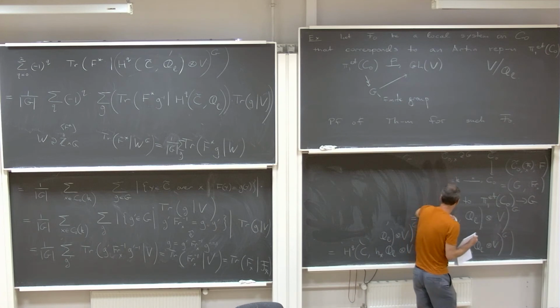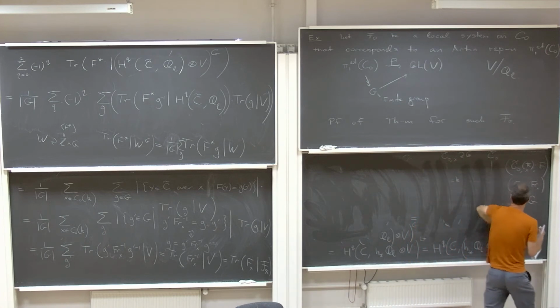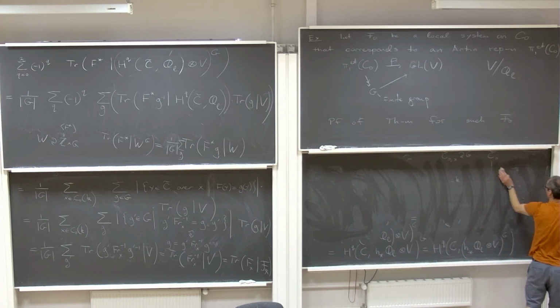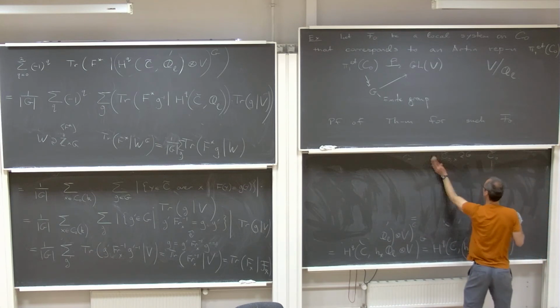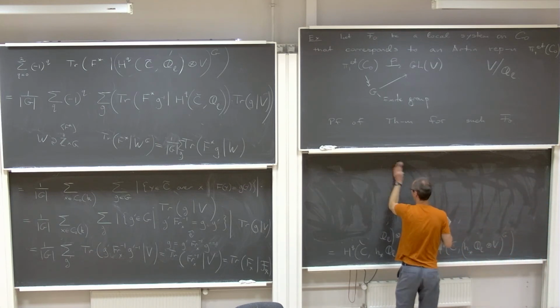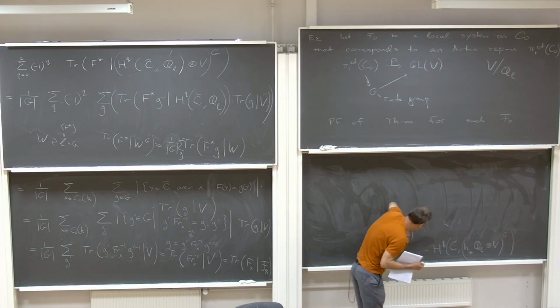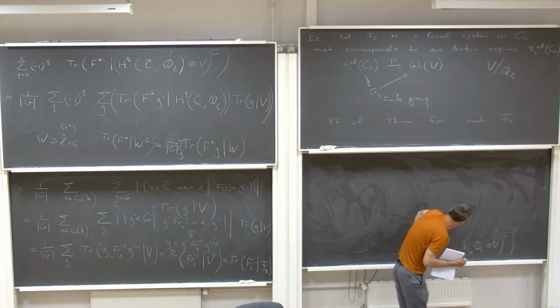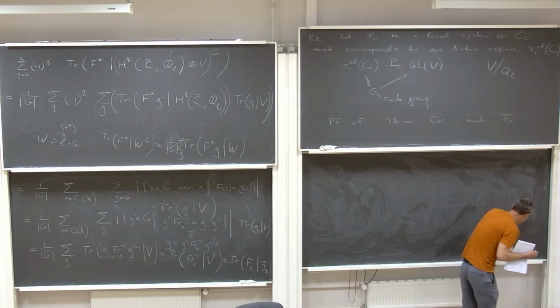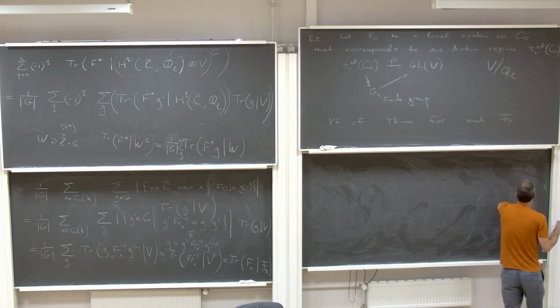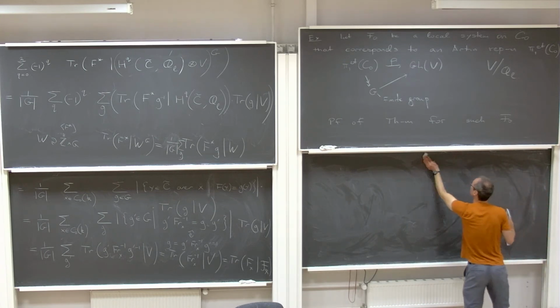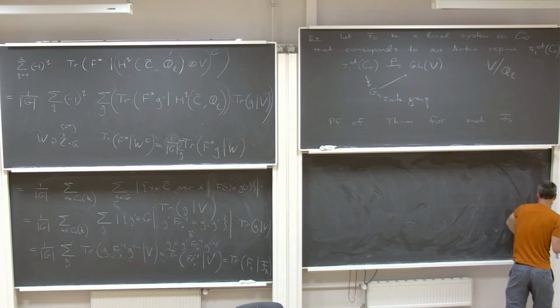So now what will happen now is, let's try to think how to extend this argument. So we want to prove Lefschetz formula not only for Artin local systems, but for all QL sheaves.